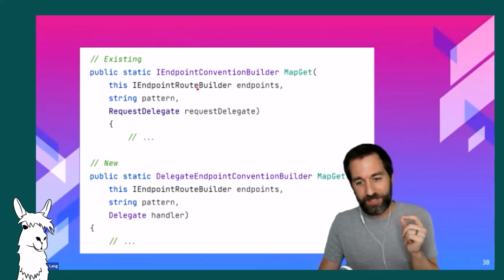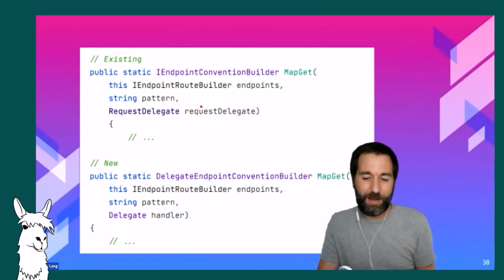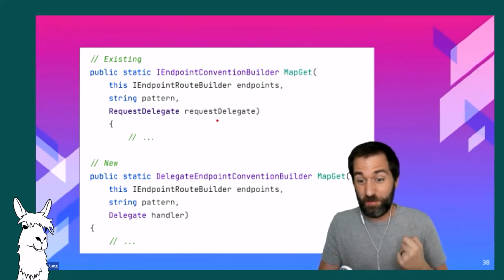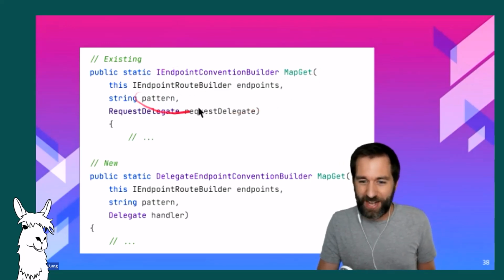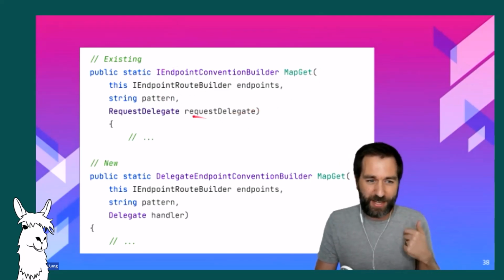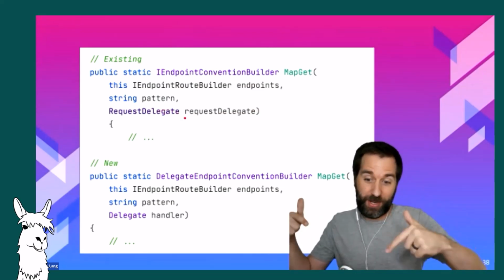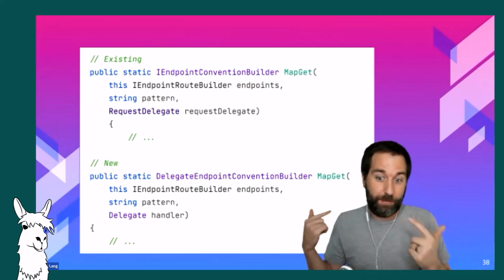This is why the Lambda natural inferred type is important. In the existing API, you have this extension method where you would pass it a pattern for MapGet, and you would pass it a request delegate. And that request delegate, as I said before, was casting whatever Lambda you'd have in there. You could only have a request delegate Lambda.